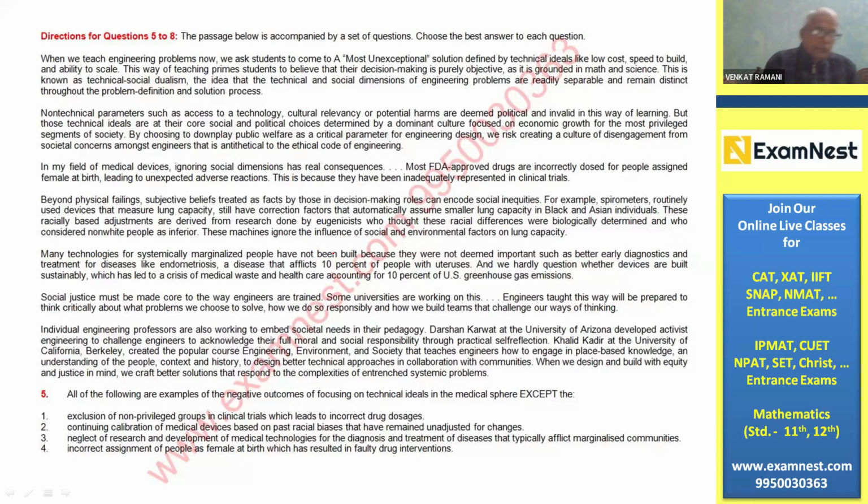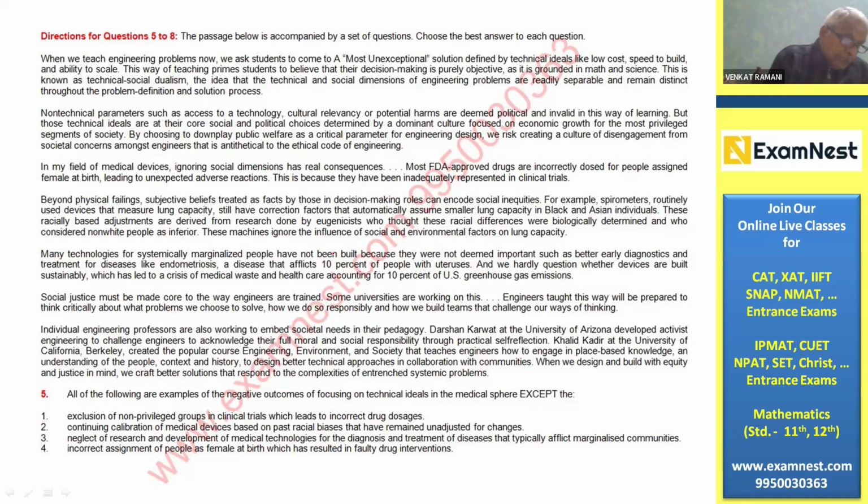I mean, if you are going to overlook public welfare in engineering, if you are going to overlook societal responsibilities, then we are going against the ethics of existence. That is what he says here. You see other examples that he's giving in the next few paragraphs.